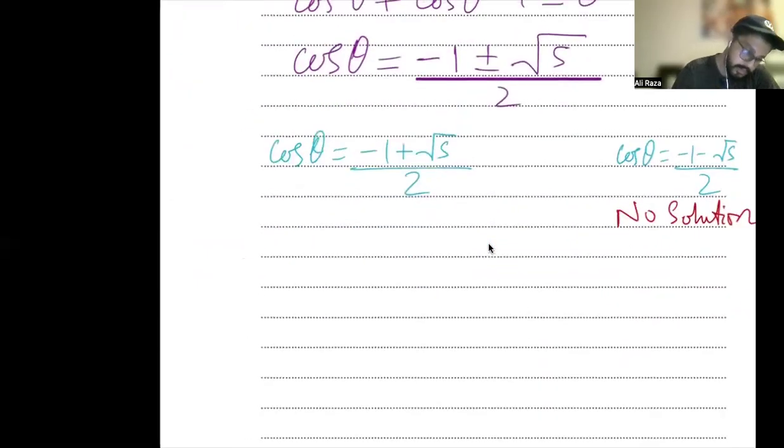And we'll solve this one. So to find the basic angle, we'll apply cos inverse on this value, giving us 51.8 degrees.